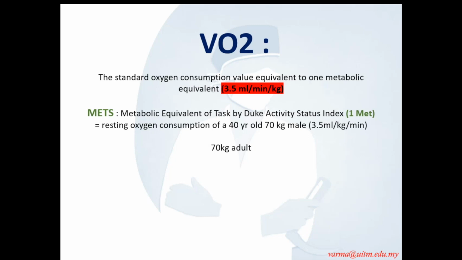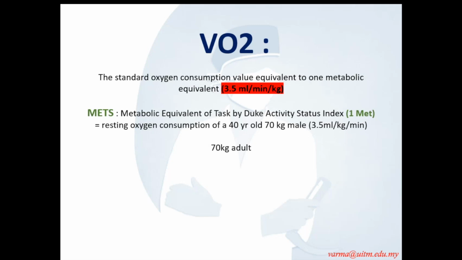As an example, if a person has METs more than 7 or 10, it means they are athletic. They can increase their oxygen consumption to a certain level without being exhausted or collapsing. Their cardiovascular or cardiopulmonary system is very good.